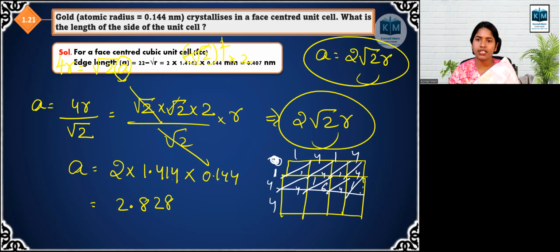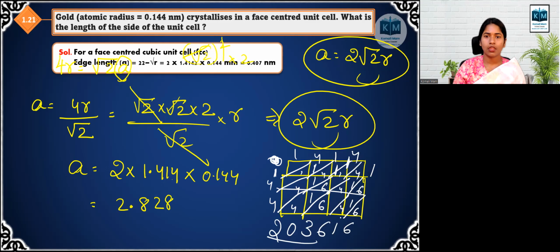Adding up, you will be getting the product. So 1.414 times 0.144, right?